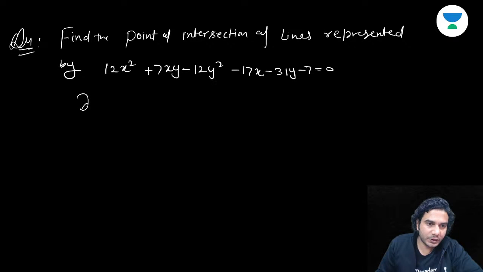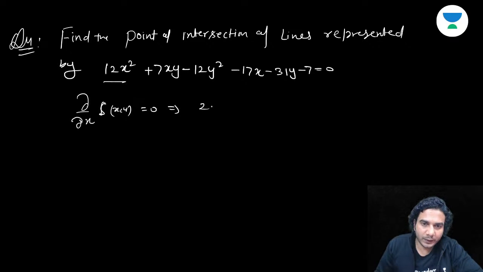First, we'll differentiate this equation with respect to x. So if you differentiate, what will you get? This is 24x plus 7y minus 17 is equal to 0.